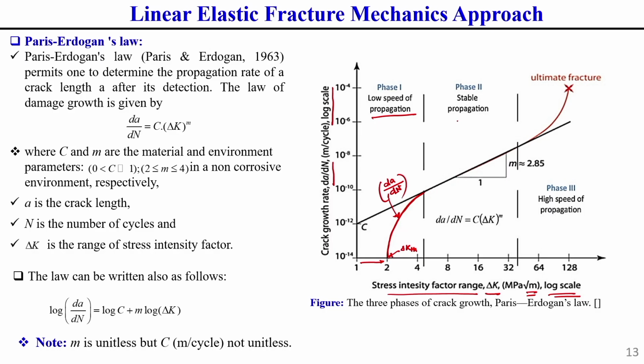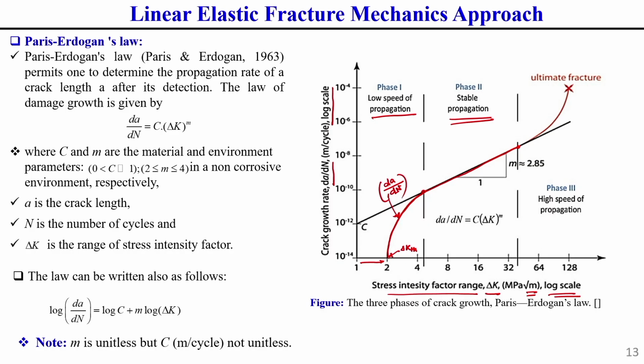This is called phase 2, crack propagation. In this phase 2, the crack propagates in an almost linear manner on the log scale. So, this is called the stable propagation zone. In this zone, on a log scale, you can represent it as a linear curve.